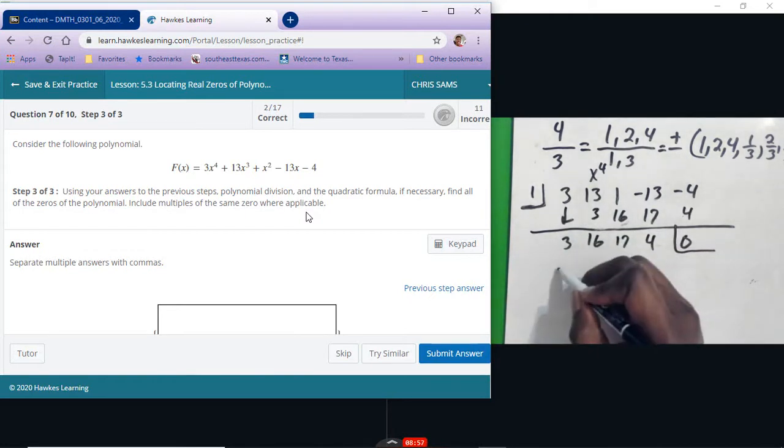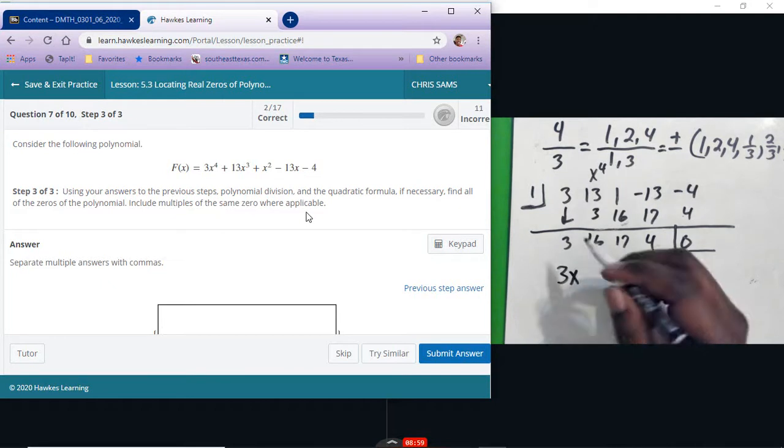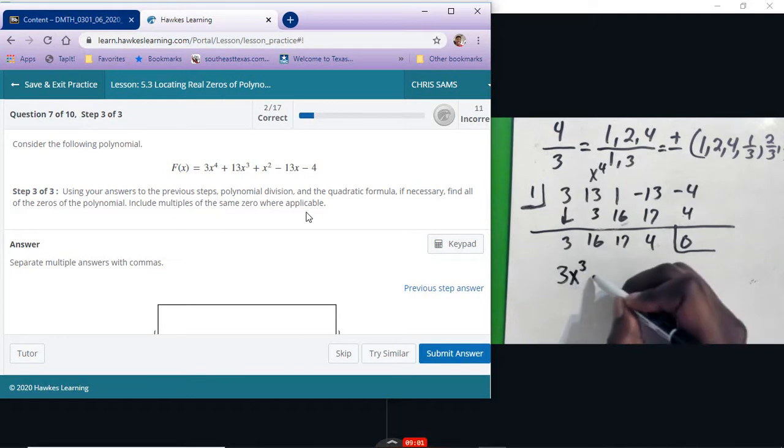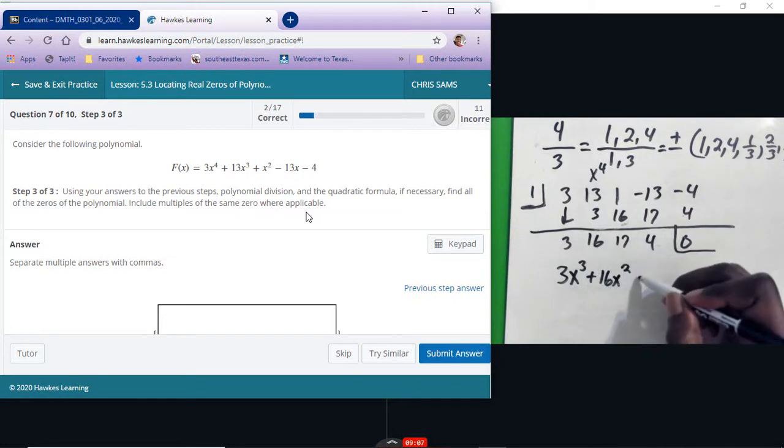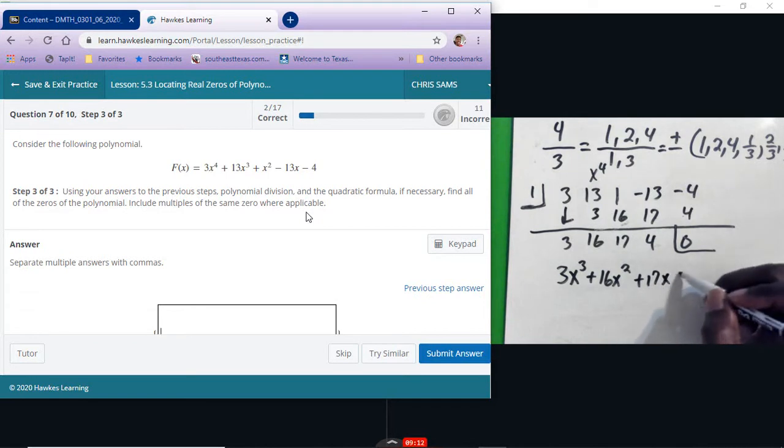So this is 3x cubed plus 16x squared plus 17x plus 4. I'm writing this because I wanted to see if we could factor by grouping. It doesn't look like we will be able to.